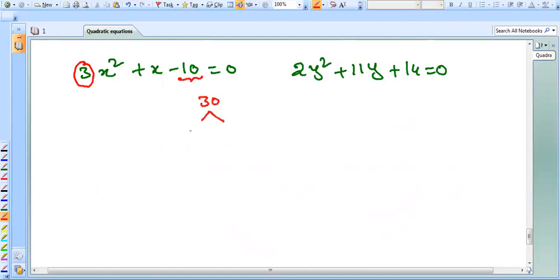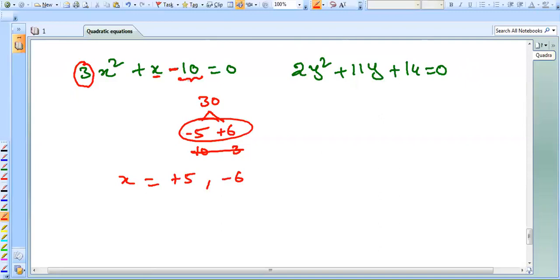You have to take 2 roots: 5, 6. Sir, why can't you take 10 threes? Yes, you can take. But the constant sign is minus. Then you have to take difference and you have to get a 1 here, because before x, what is the value here? 1. Then with this not possible. With this only it is possible. Plus 1 you require. That is minus 5 plus 6. Then x value will be plus 5 minus 6.